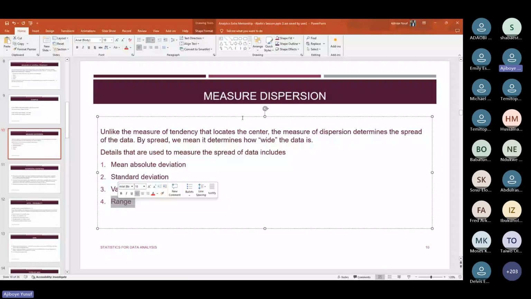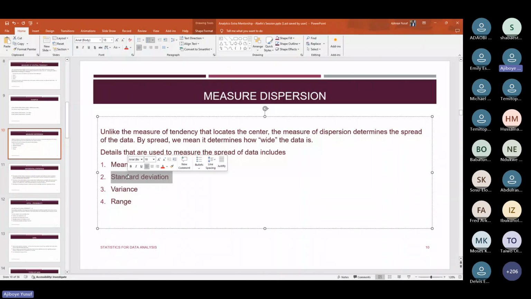Each of these has its use case application, but the most popular way of measuring spread is standard deviation. Let me give you a typical example. If you have a very high standard deviation, it means that each of the values in your data set is very far from the mean.